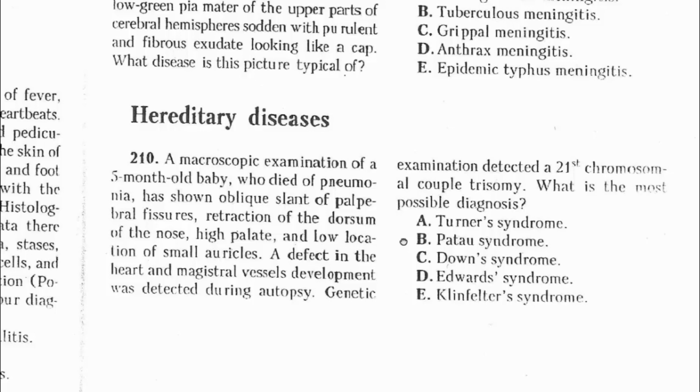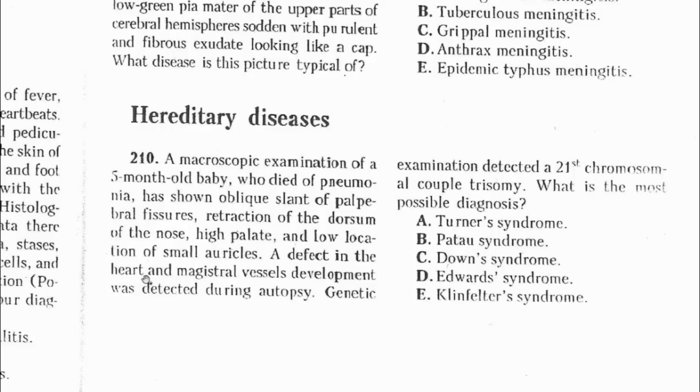So 210. A microscopic examination of a 5-month-old baby who died of pneumonia has shown oblique slant of palpebral fissures, retraction of the dorsum of the nose, high palate, and low location of small auricles.